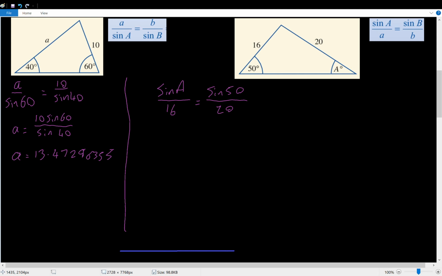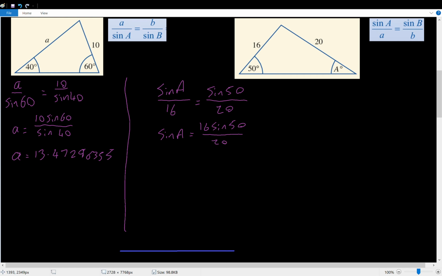And we're going to do a similar move that we did before in order to get a on its own. So we're going to bring our divide by 16 on the left over to the right where it'll become multiply by 16. So we're going to get sine A is equal to 16 times the sine of 50 all over 20.